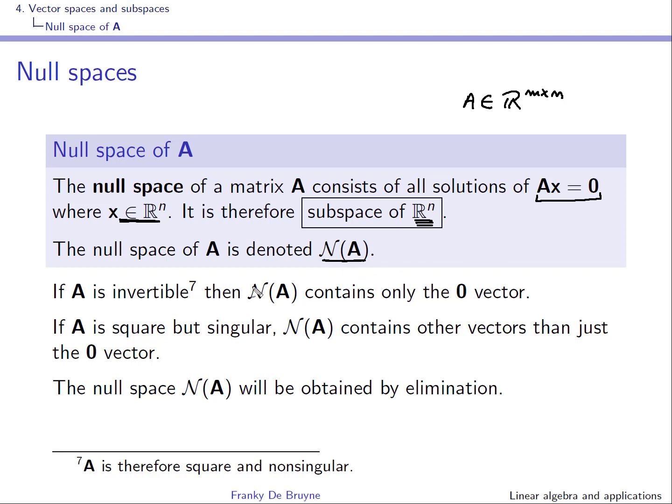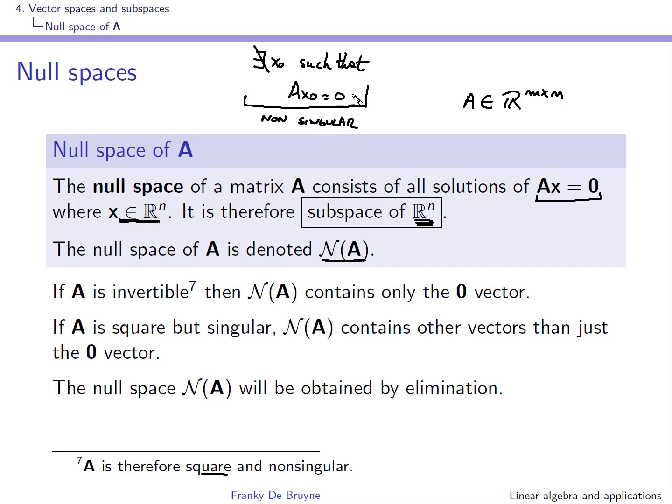So we've seen previously that if A is invertible, it's non-singular, and therefore it will also be square, right? If it's non-singular, then there exists no x0 other than zero such that Ax0 is equal to 0. This was a property for a non-singular matrix, right?